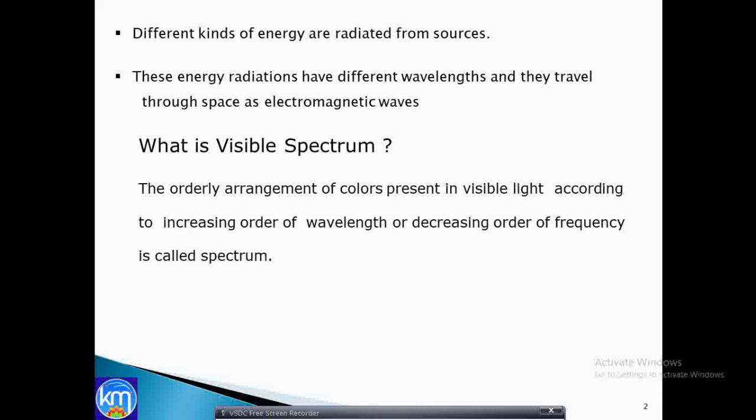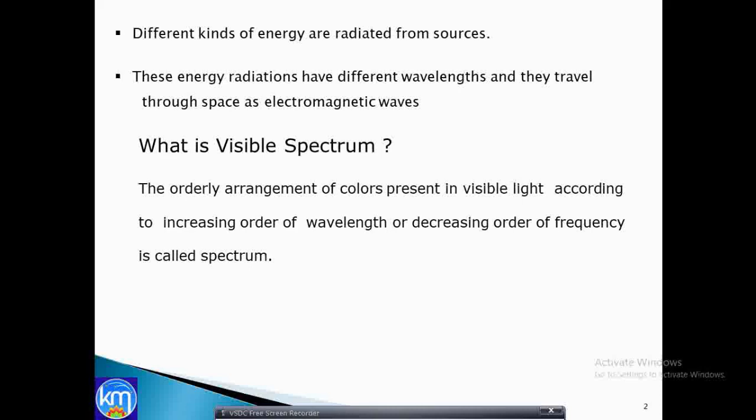These are the different members of the electromagnetic spectrum. The visible spectrum is only a very small part of it, where the human eye is capable of receiving that wavelength and it is visible to our naked eye. This is what we call a visible spectrum.